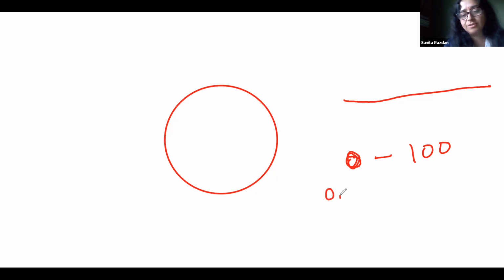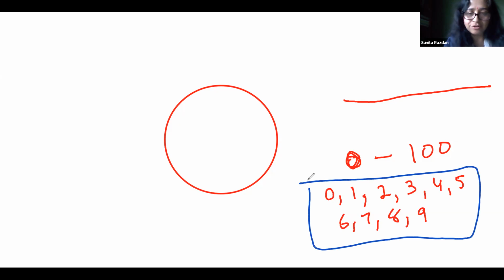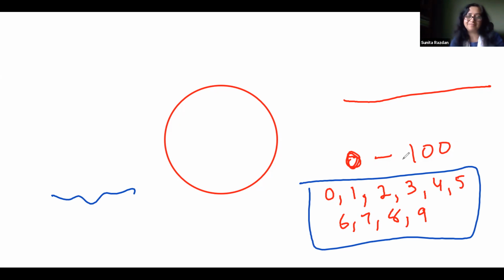First is 0, 1, 2, 3, 4, 5, 6, 7, 8, and 9, right? Can you say any number that is not out of these numbers?